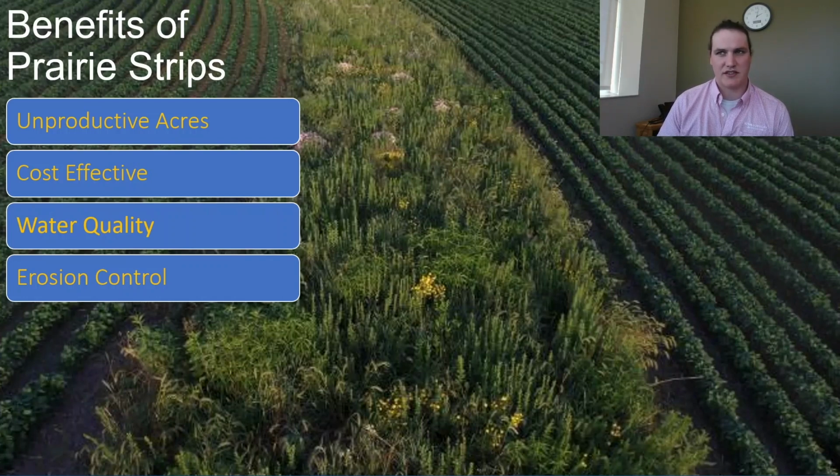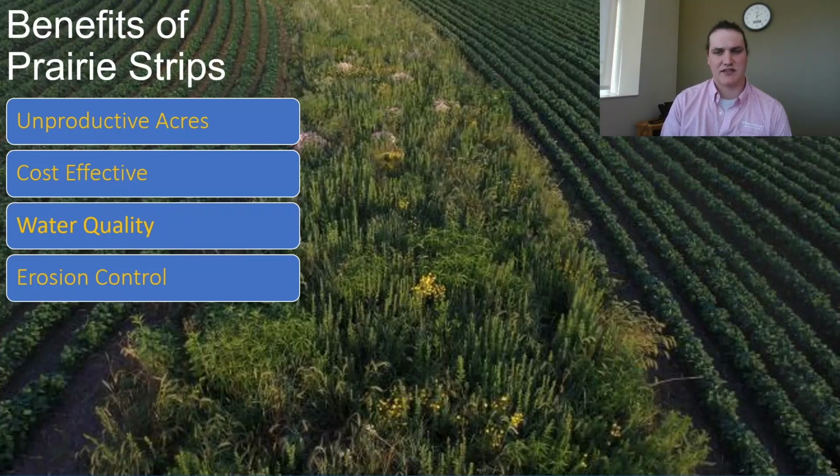Let's plant it in there to hopefully stabilize that area. It's usually cost effective because you're planting seeds and having them do the work instead of doing dirt work and pushing up a bunch of dirt to create your terrace. Good with water quality. The plants take up that nitrogen, and then, like I said, erosion control.